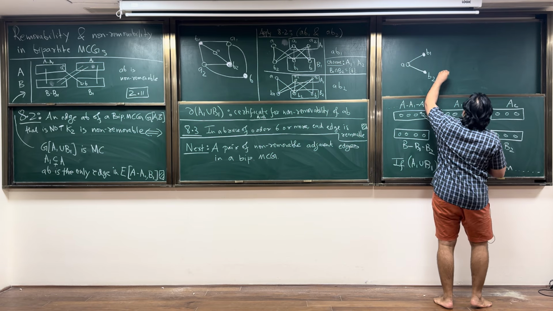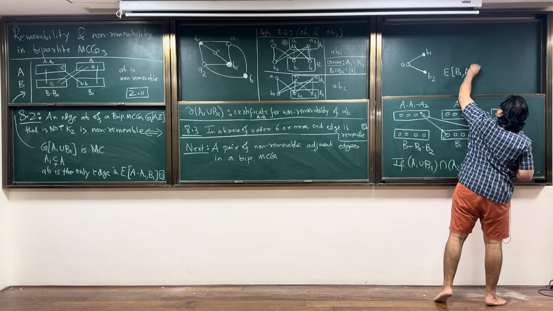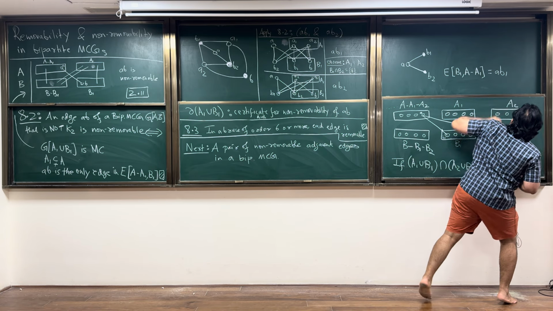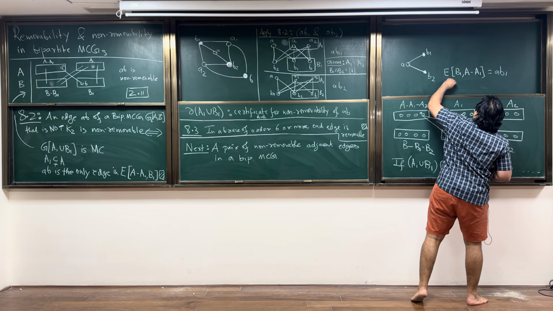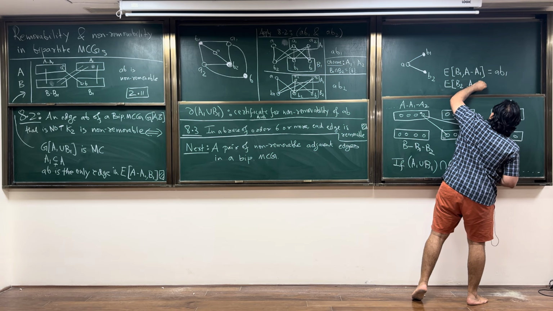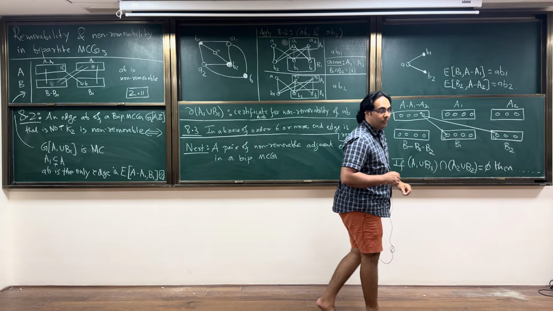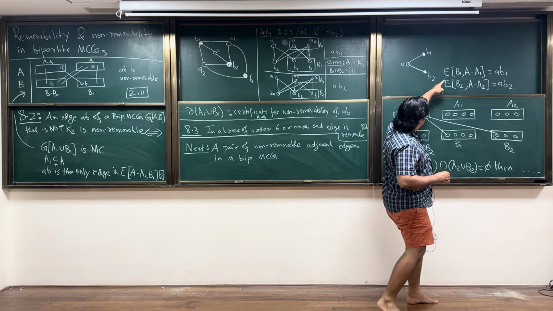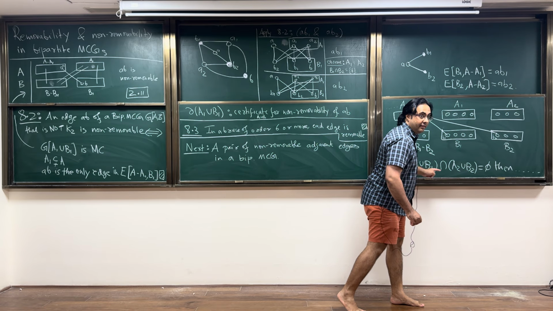We would be able to conclude that the only edge going from B1 to A minus A1 is the edge AB1. The only edge going from B2 to A minus A2 is the edge AB2. I would be able to make all these conclusions if I had this situation.